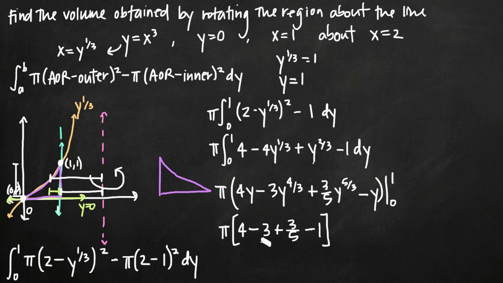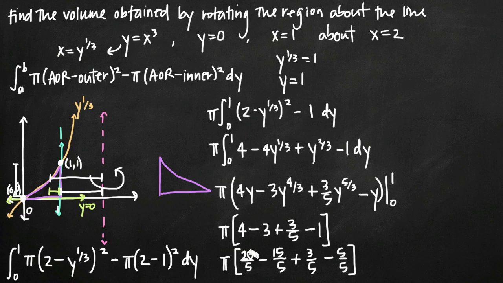We want to go ahead and find a least common denominator, which is going to be 5. So in order to get a least common denominator of 5, we'll multiply each of these other terms by 5 over 5, and we'll get 20 over 5 minus 15 over 5 plus 3/5 minus 5/5.